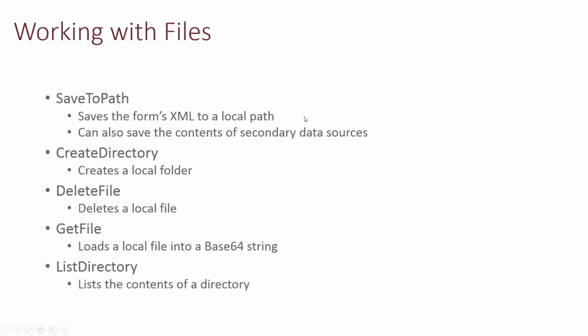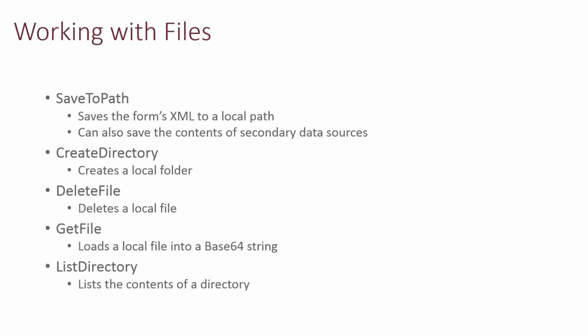Okay. Now, another common use of full trust functionality is working with the local file system. We have 5 commands in qRules that work with the local file system. There may be more. Save to path is a useful command that allows saving XMLs to a local folder.